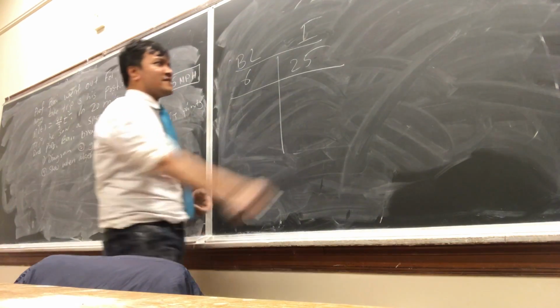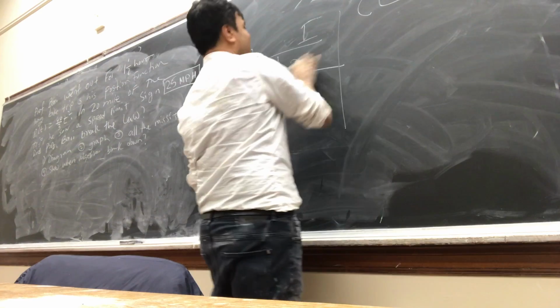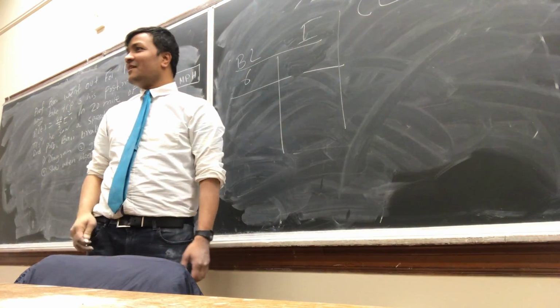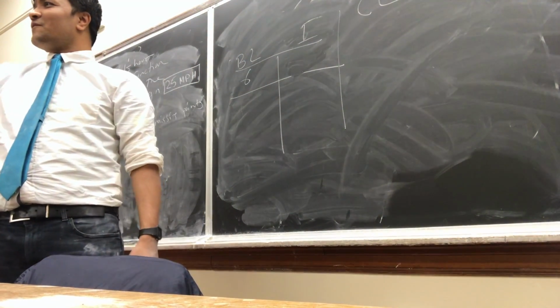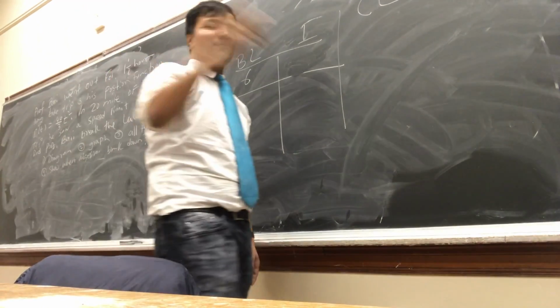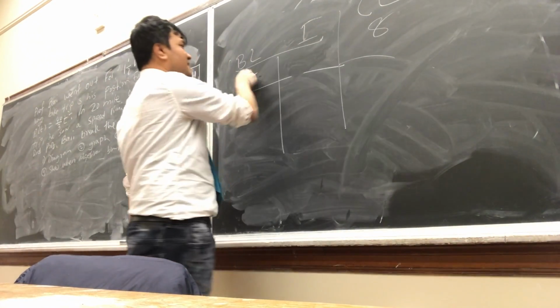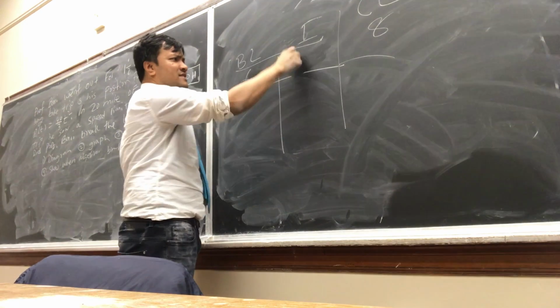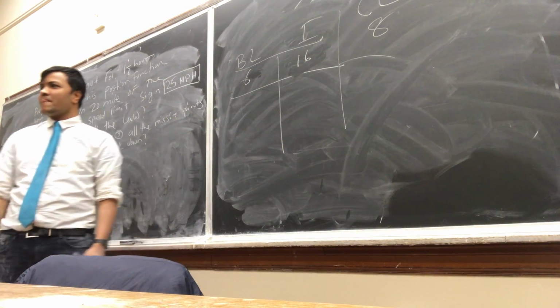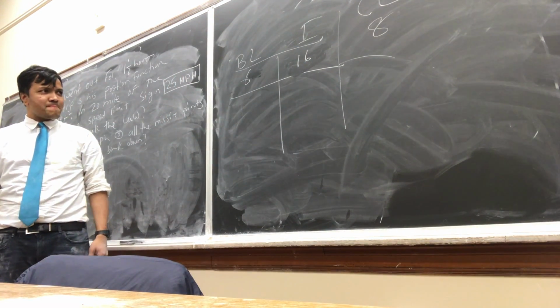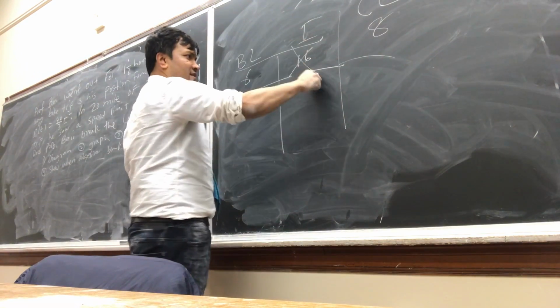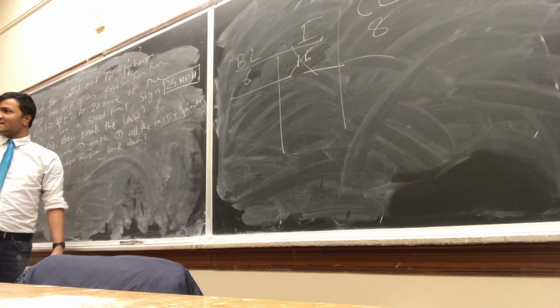How many people are clueless? 1, 2, 3, 4, 5, 6, 7, 8 people are clueless. So 8, 14, and then maybe 16 people think I am innocent. These people are losers. I'm not innocent. I actually broke the law.